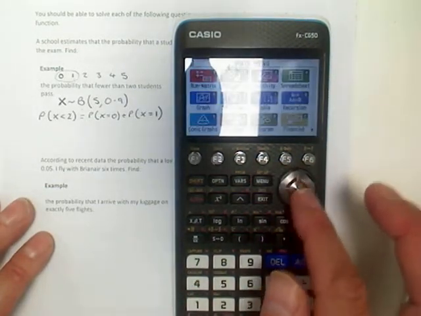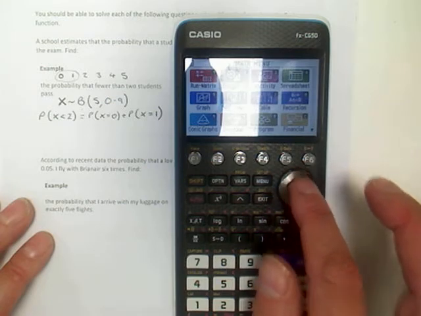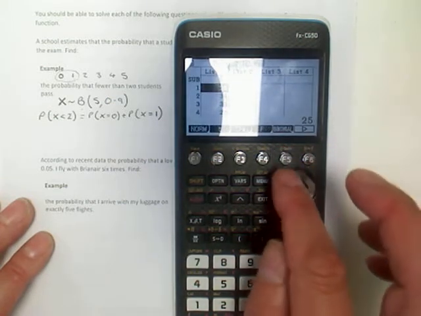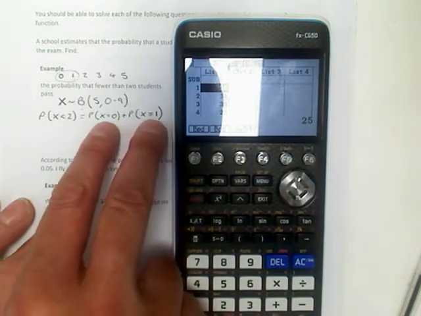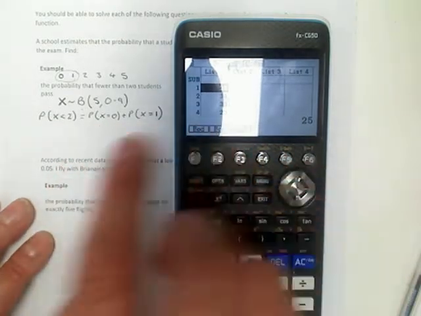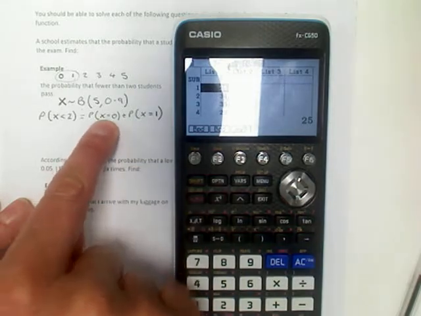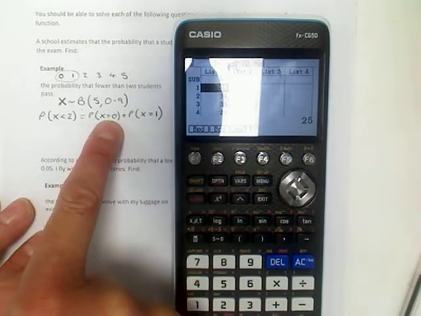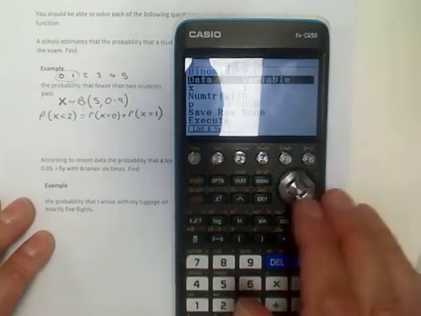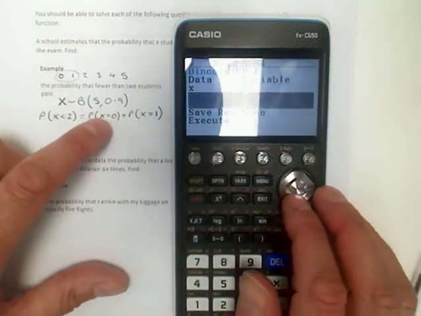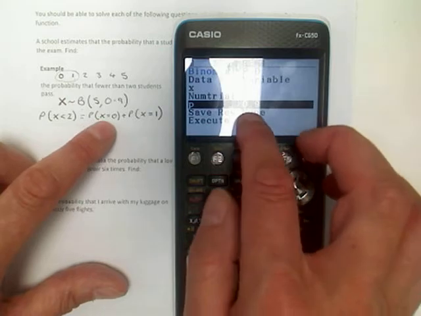Let's go to my statistics mode, into distribution, binomial, and I'm going to use BPD. I'm going to come on to the BCD later, but the BPD is where the value is equal to something. That's when we use BPD. I've done this earlier, so I've got some of the values in.